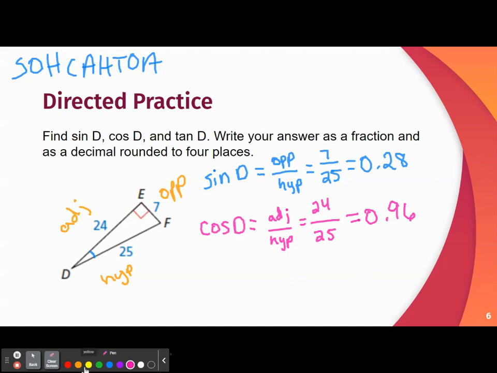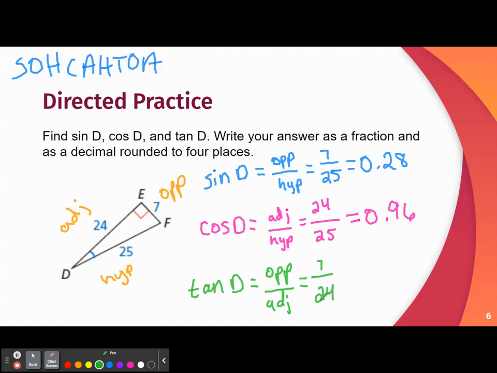All right, and now let's do tangent of D. Andrew, what's the formula for tangent of D? Opposite over adjacent. What side is opposite of D? 7. And what side is adjacent? 24. So 7 over 24.